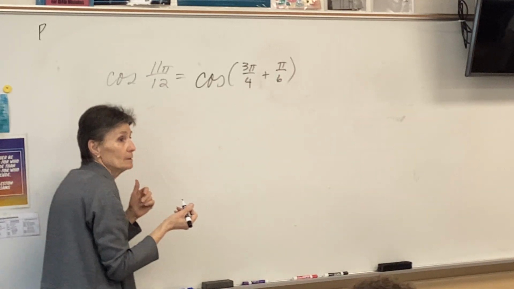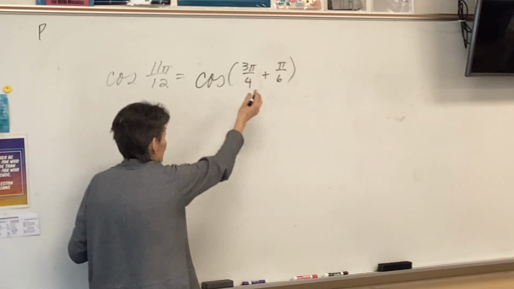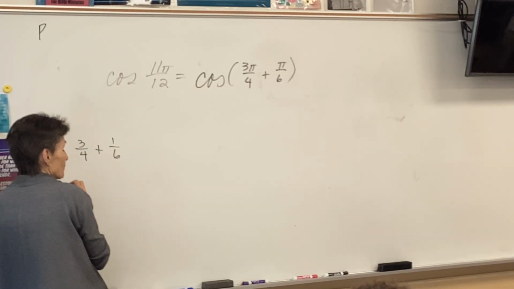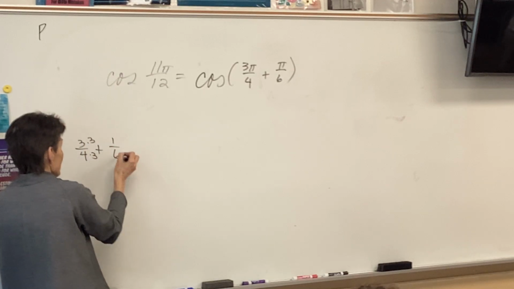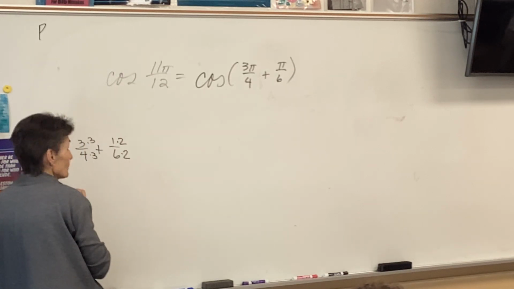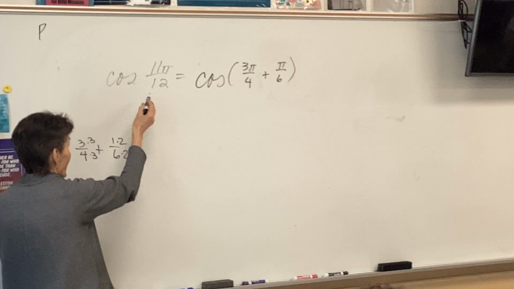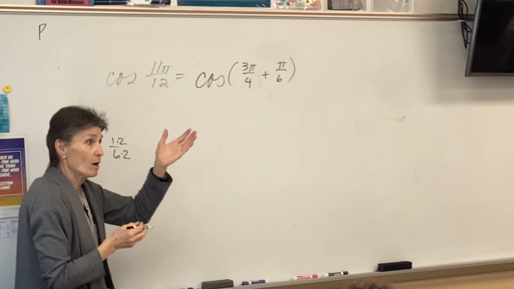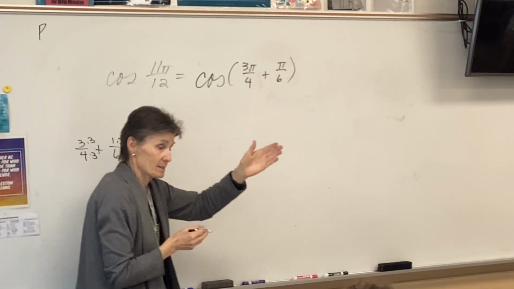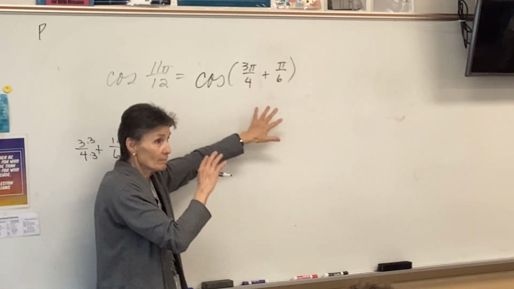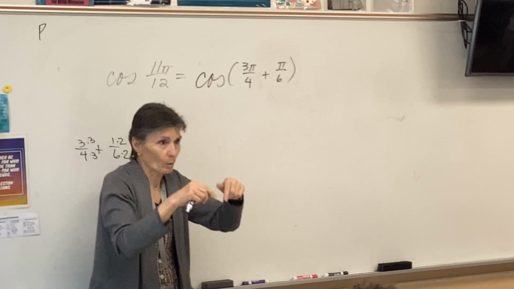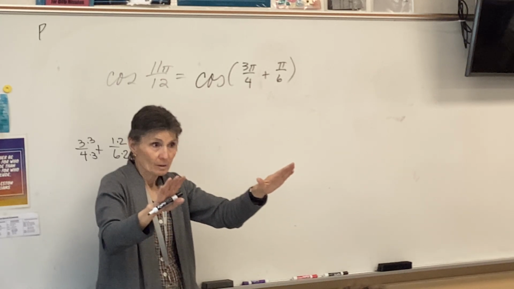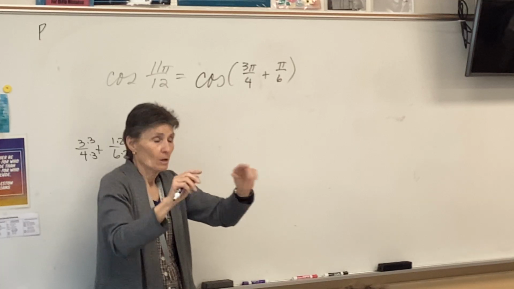If I were going to add these 2 together, 3/4 and 1/6, my common denominator could be 12, and 9 and 2 add up to 11. How about that? Now, there are other combinations. Your job is to find one. It can be add or subtract. Okay, got it?